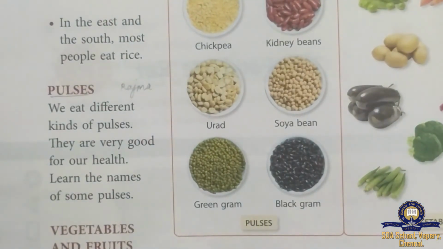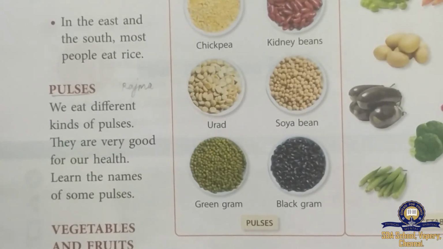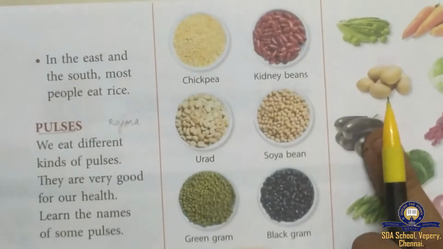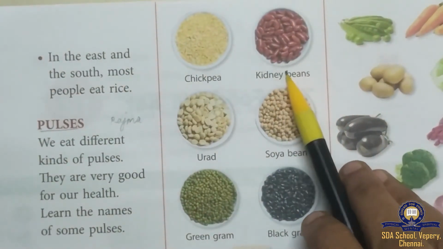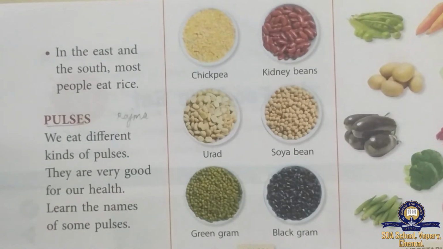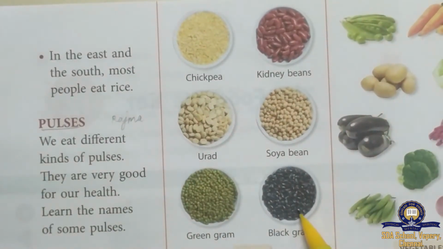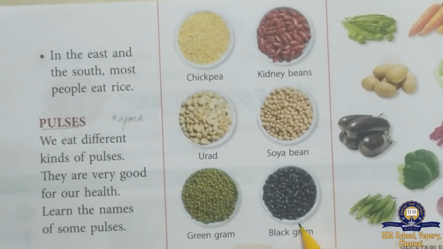These are the examples of pulses. Kidney beans are otherwise called rajma, and black gram is otherwise called kala chana.